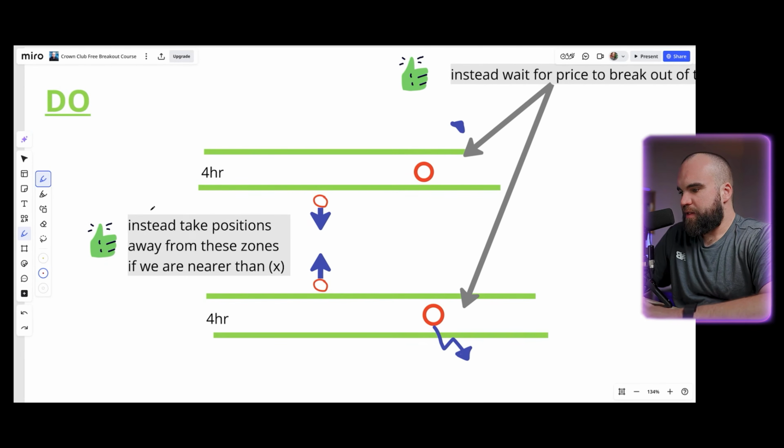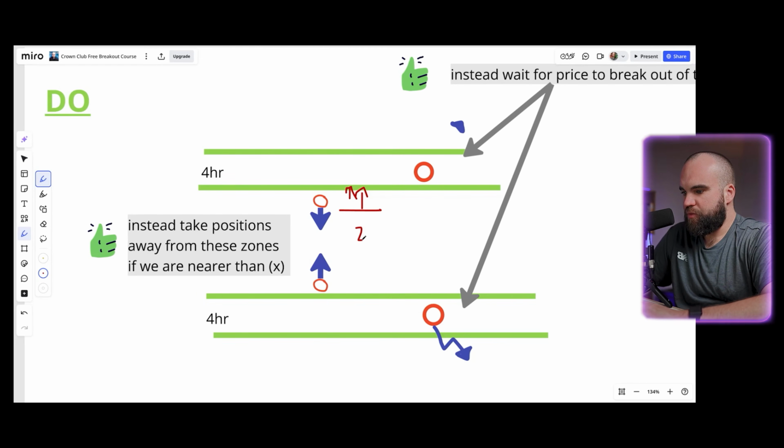If price is in the zone and we are too close to the zone, we're going to take positions away from these zones if we are nearer than your stop loss amount of pips from these zones. Meaning, if I don't have enough space to buy in here, if my stop loss is 25 pips, say I buy here, and there's not more than 25 pips.